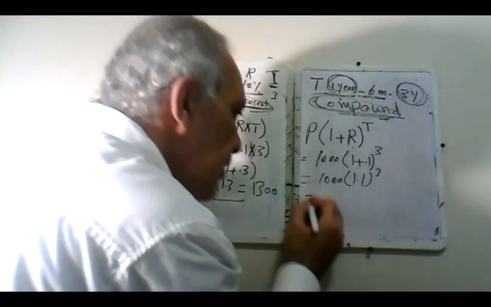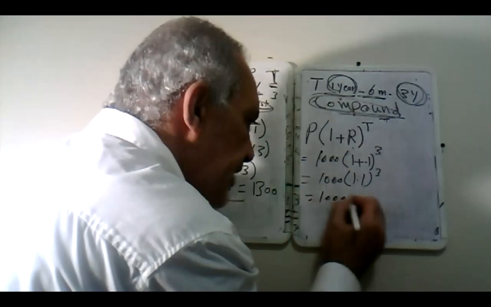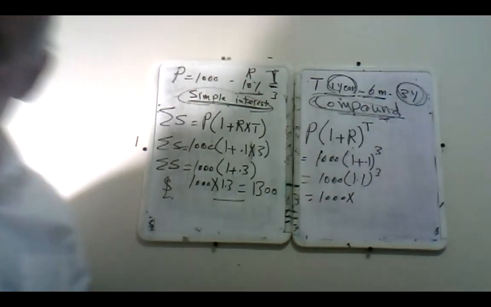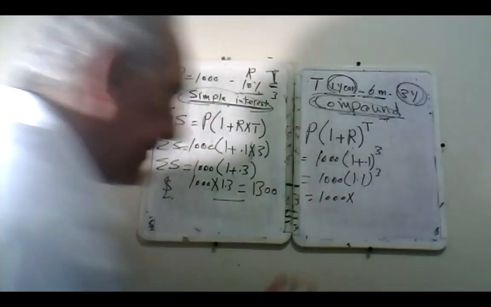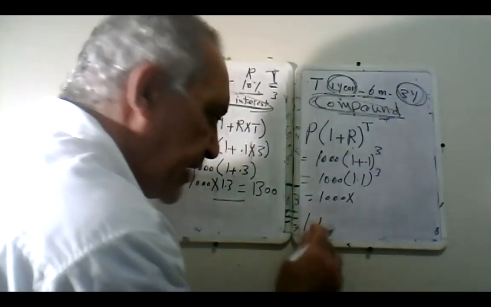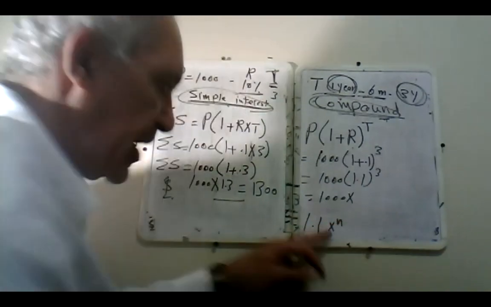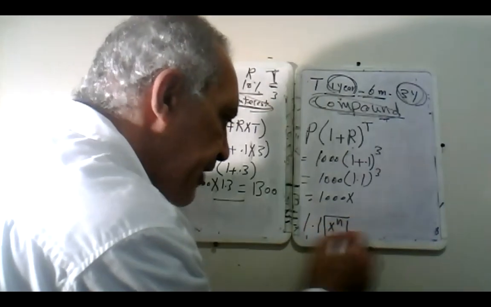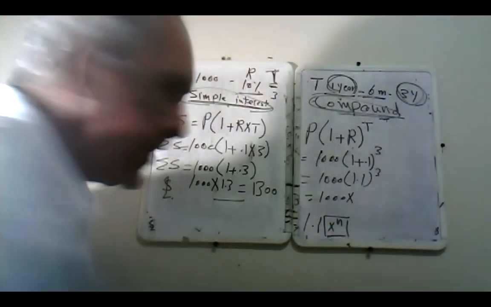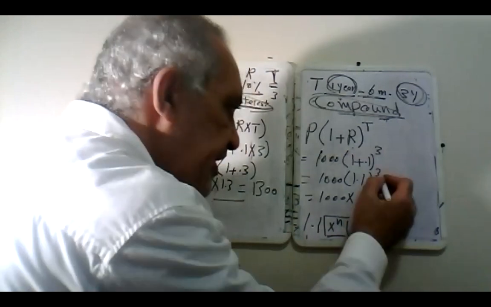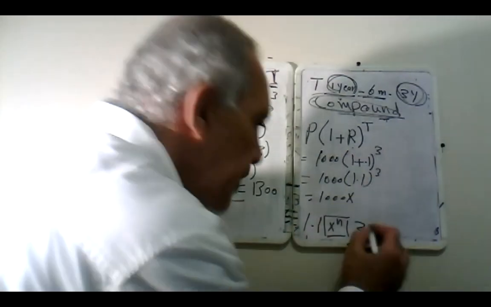The same thing you will do, $1,000 times 1.1 power 3. We will go to our calculator and see it like this. Write 1.1, then go to the xn button in your calculator, and press 3, which is the power.